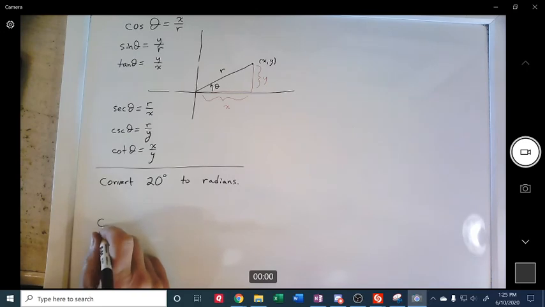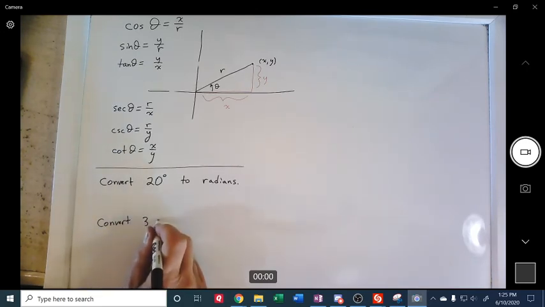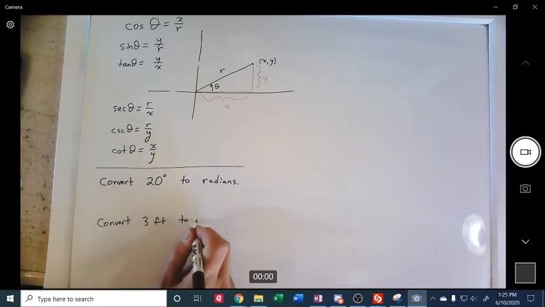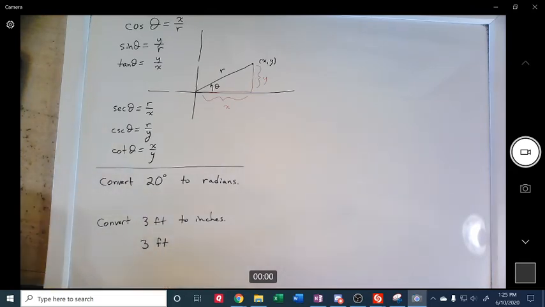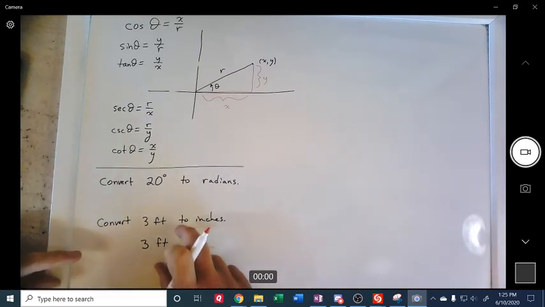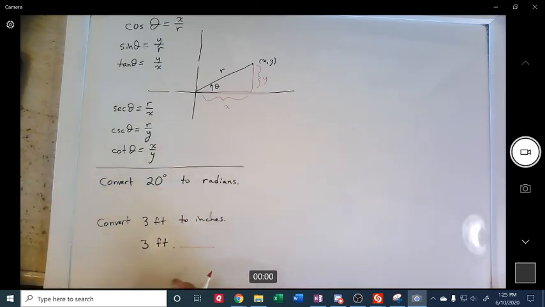If I told you to convert 3 feet to inches, you do it in this way. 3 feet, and we all know 3 feet is going to be 36 inches, but this is the process that gives you something to translate over to here. Remember this.